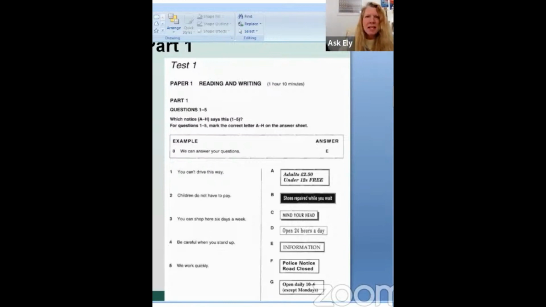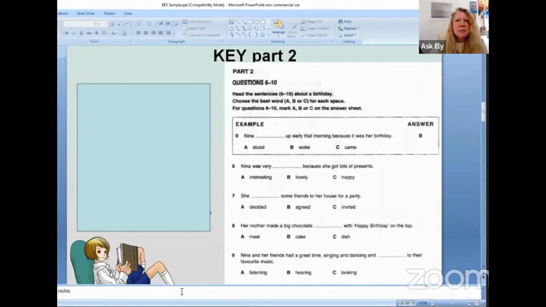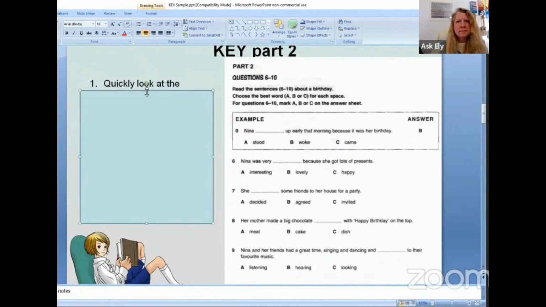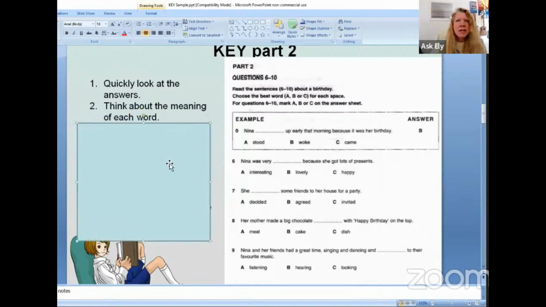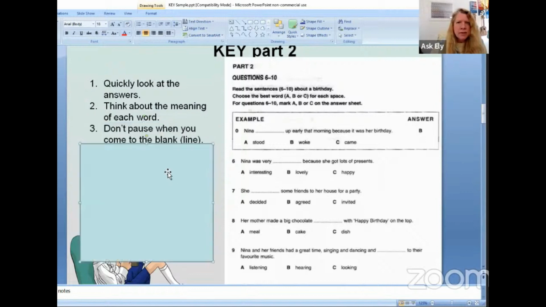Okay, let's look at our next screen. Here are the tips for part 2. Quickly look at the answers. So you're going to look at the answers. You're going to think about the meaning of each word. Don't pause when you come to the blank.